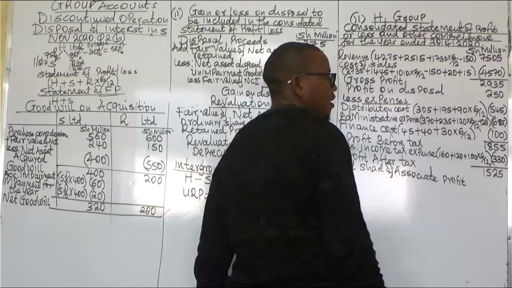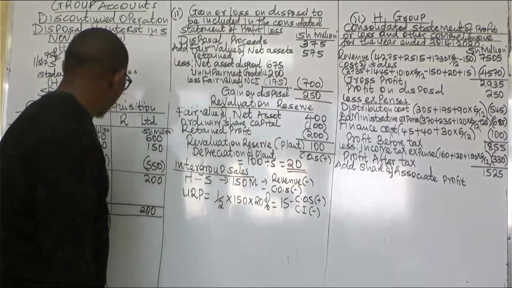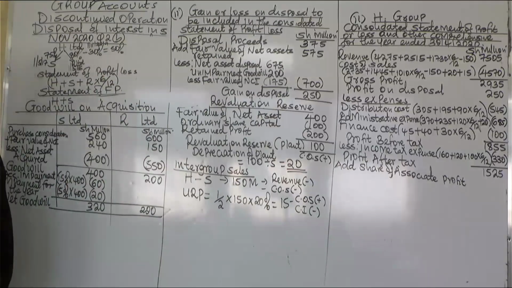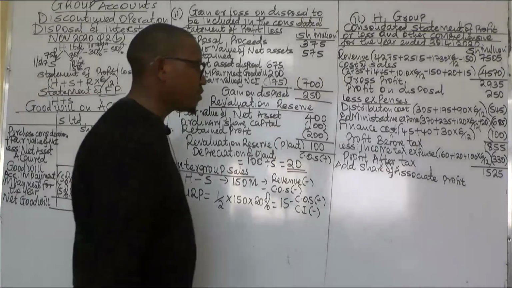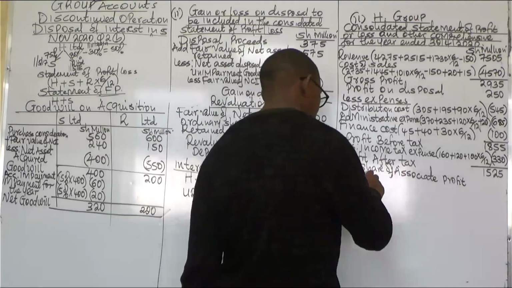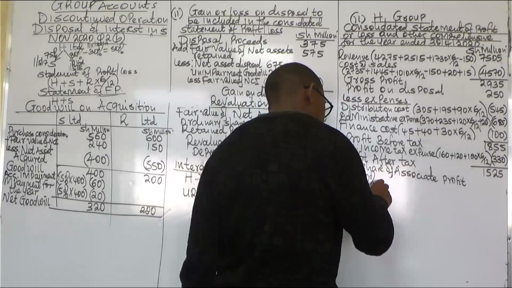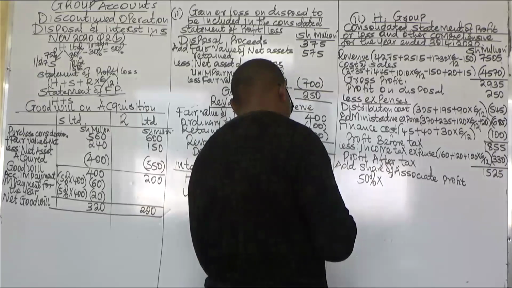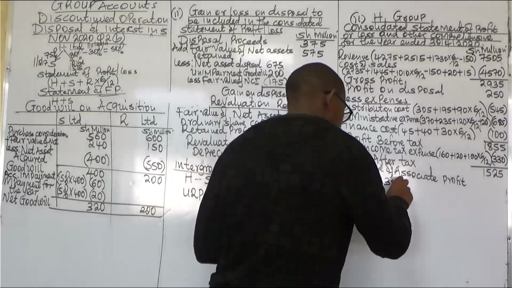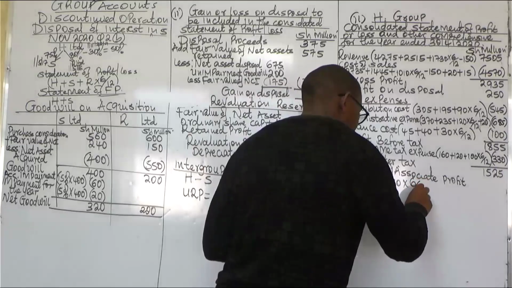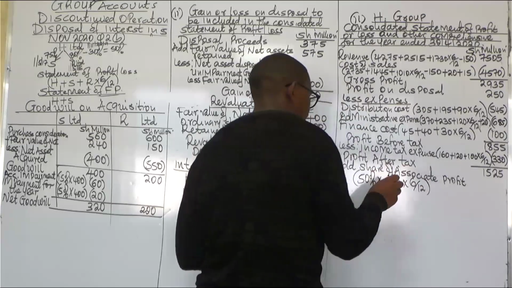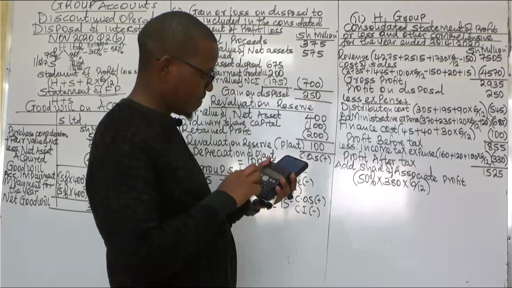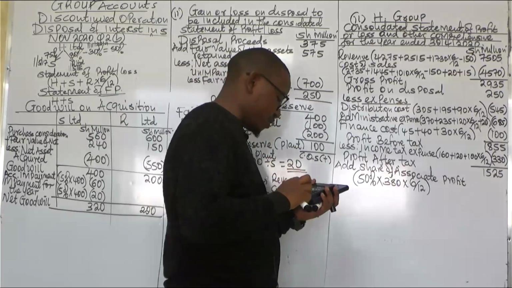Now, the associate is now for the next 6 months after you dispose that. So, any profit relating to that he was supposed to get his share. We know he will be controlling 50%. So it's 50% for the profit after tax, which is 380. You multiply by 6/12. 6/12.